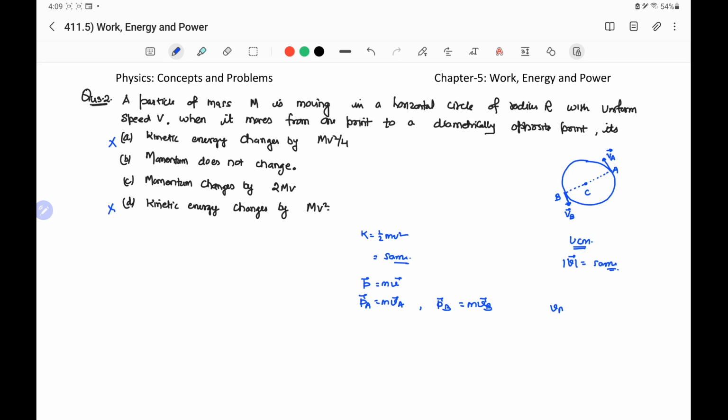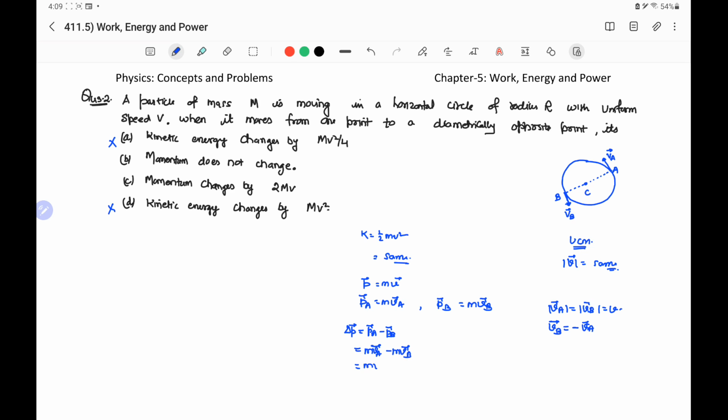Here, magnitude of velocity A will be equal to magnitude of velocity B and say it is v, while the directions are opposite. So we can write vector vB will be equal to minus of vector vA. So change in momentum, delta P, will be equal to PA minus PB. This can be written as mvA minus mvB.